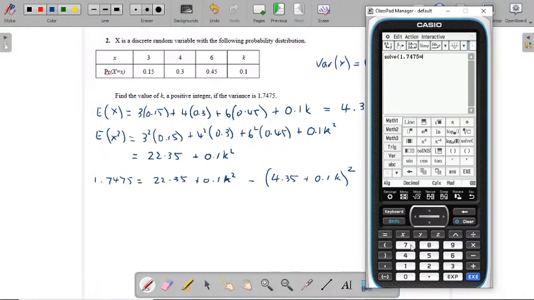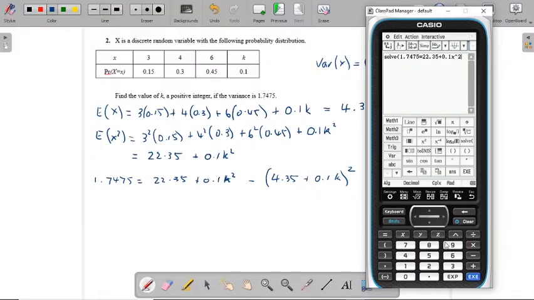So solve 1.7475 equals 22.35 plus 0.1. I'm going to use x instead of k because it's just a lot easier. If you're using any variable other than x when you're solving an equation in the ClassPad, you need to specify at the end, comma, whatever the variable is you're using.